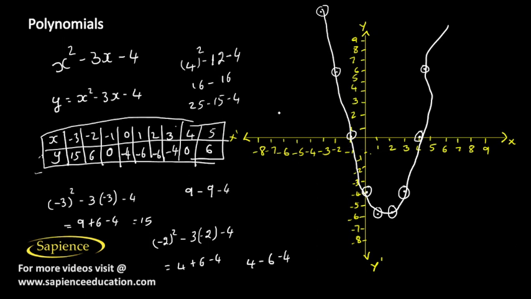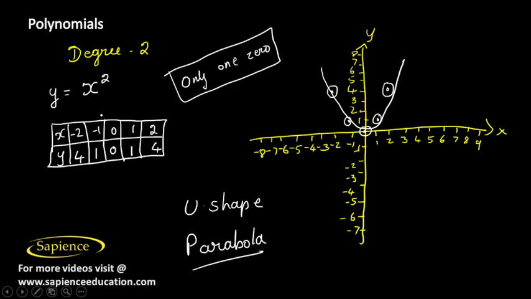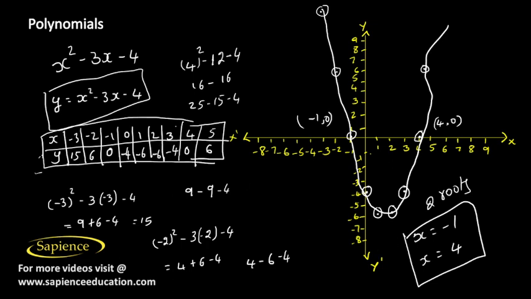The first point is -1, 0, and the second point is 4, 0. So x is equal to -1 and x is equal to 4. These are the two roots of this polynomial. Previously we saw an example of a degree 2 equation with only 1 zero. Now we saw an example with 2 zeros.